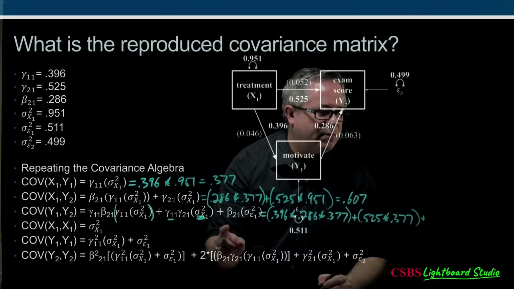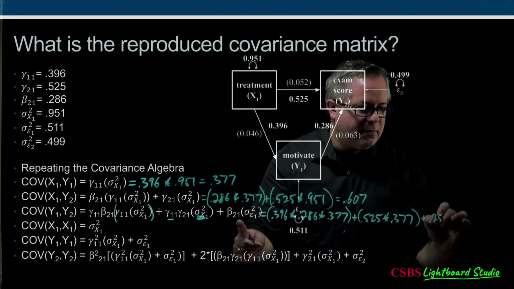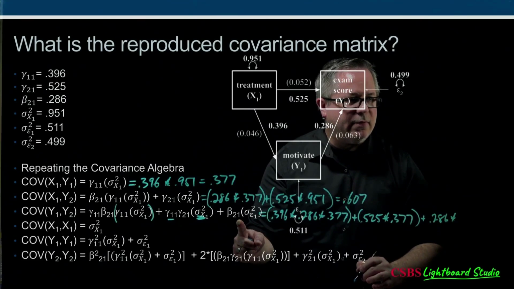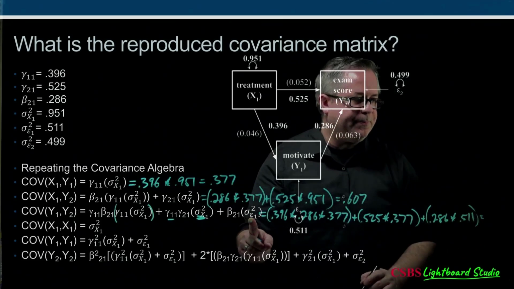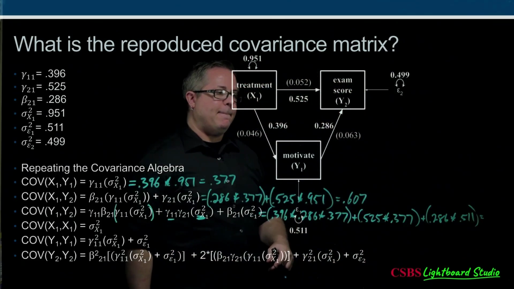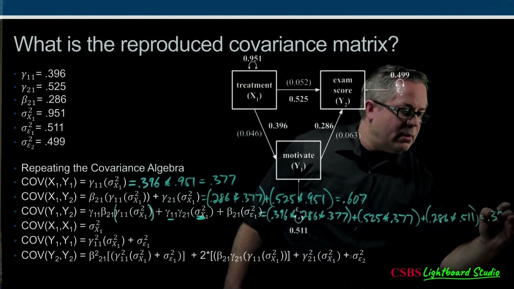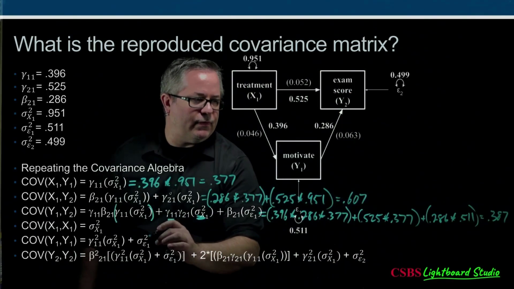Plus an additional beta 2,1, which is 0.286, times the error variance of E1, which is 0.511. What's all that? 0.387. Okay.